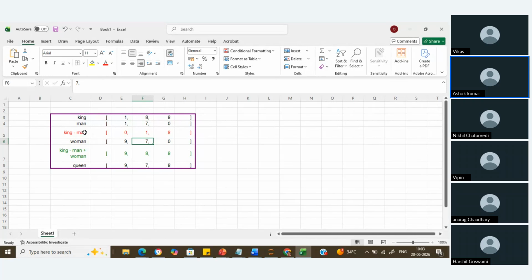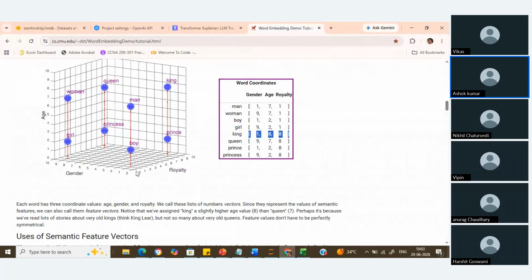And man is what? Man is 170. So man is 1 at the gender axis, 7 at the age axis, and then at the royalty axis it is 0.